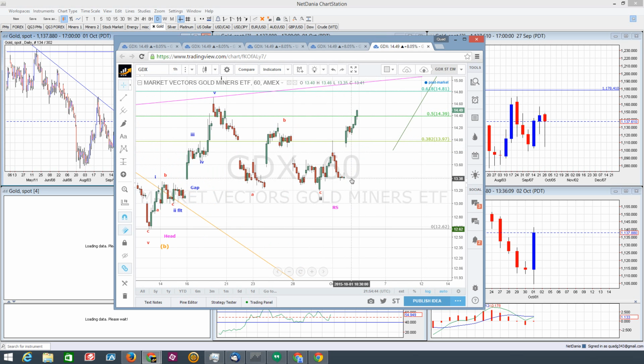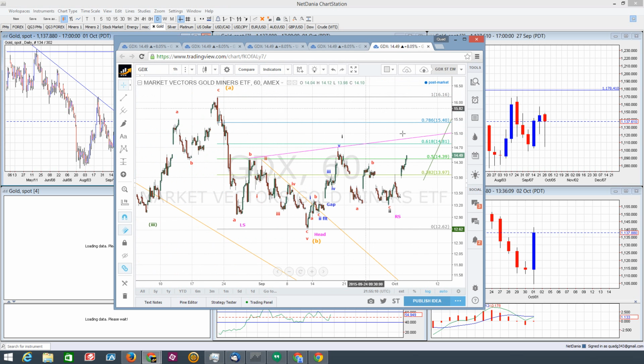I'm back to thinking that the wave C of 2 did in fact end here, and we've got some kind of oddball advance to the upside. It could be counted a few different ways. I kind of favor that this is a wave 1, and then you've got an A, extended B, wave C for an expanded flat, and now we're working on a wave 3 to the upside as we speak.